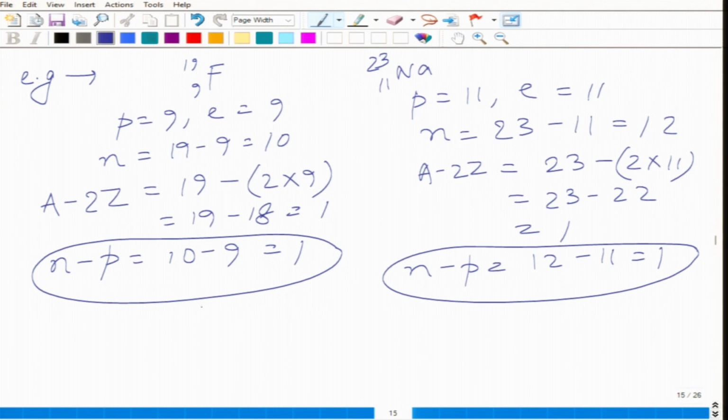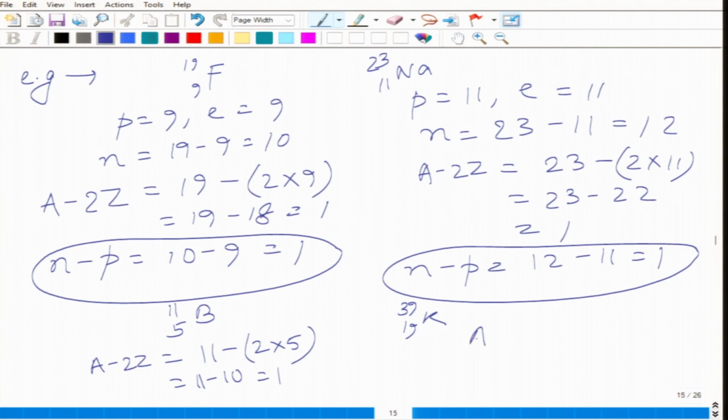Another example is boron and potassium. For boron, A is 11 minus 2 into 5, so 11 minus 10, this is 1.